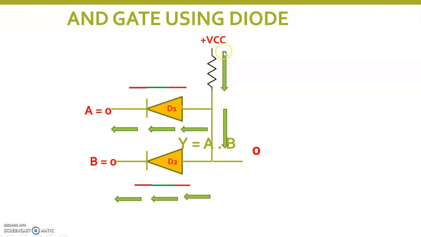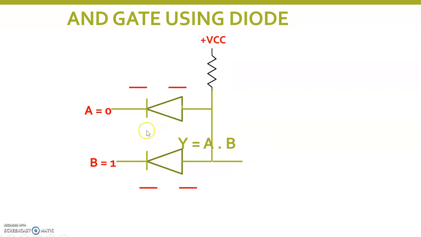As well, when current flows through this resistor, there is a voltage drop across the resistor. Therefore if A equals 0 and B equals 0, that is both inputs equal 0, then we will get output as logic 0.